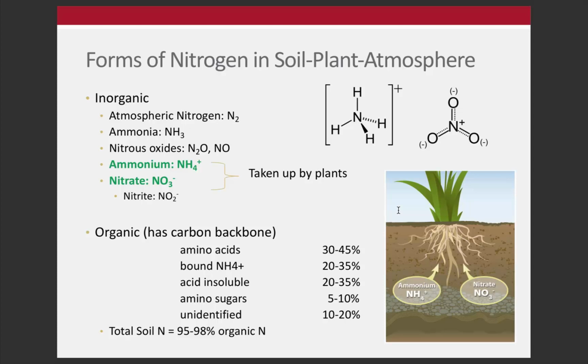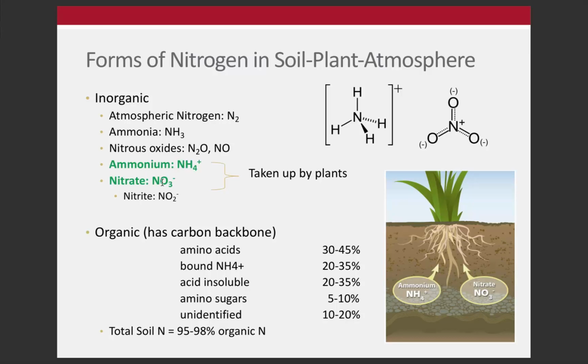Okay, so inorganic forms include atmospheric nitrogen, N2 gas, ammonia, NH3, nitrous oxides, which are N2O or NO, and then ammonium, NH4+. Let's not confuse ammonia, NH3, with ammonium, NH4+. That's an important distinction.